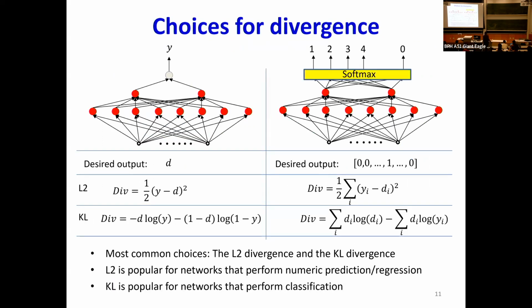So we've seen a few different options for divergence. The first one was the L2 divergence. What was the L2 divergence? It's the quadratic error between the target output and the actual output.